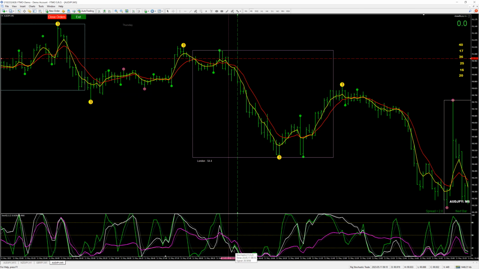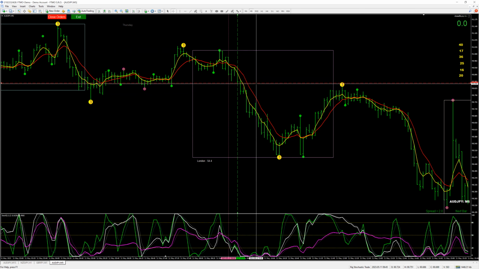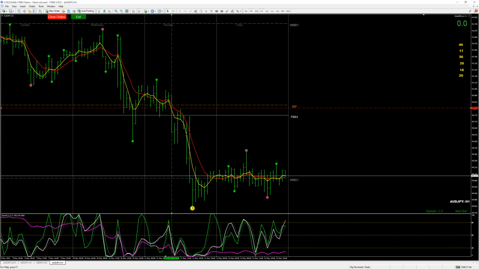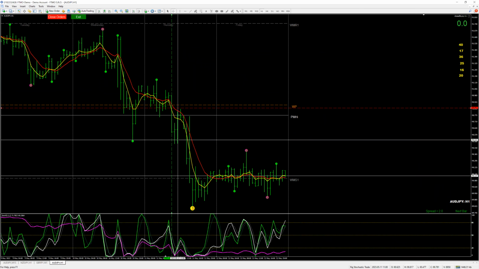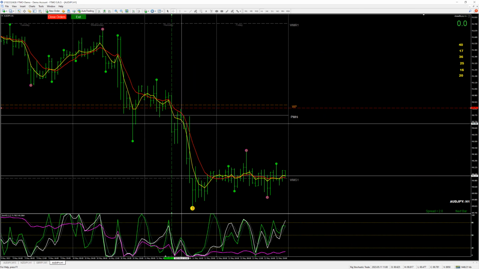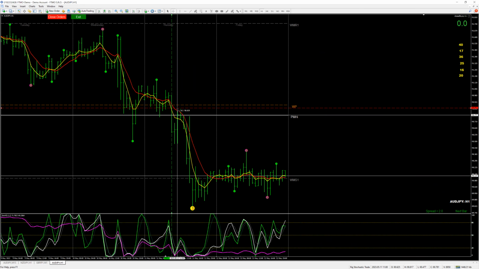So this is the next cycle. And if you take that entry there, the stop loss 17 pips, H1, this is 7 pips.